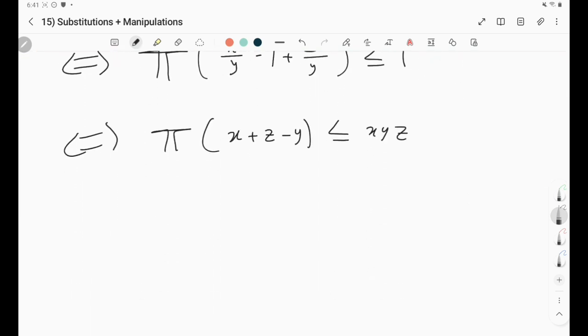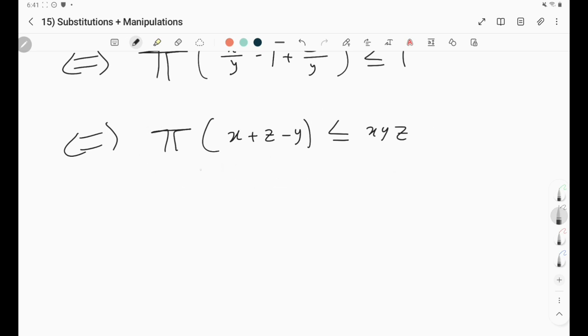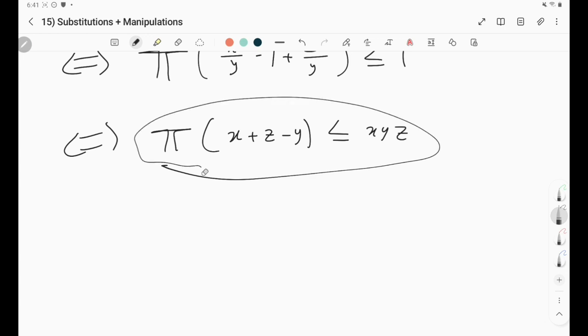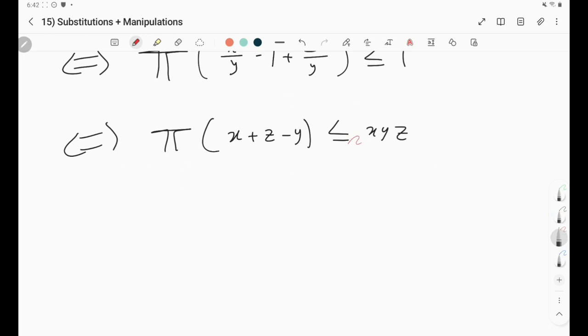Okay, now if you look at this, this should be familiar to you. In fact, we just discussed that in the previous video. We said that this thing is Schur's inequality, right? I think back then I made a mistake, so sorry for that, because I said the opposite.